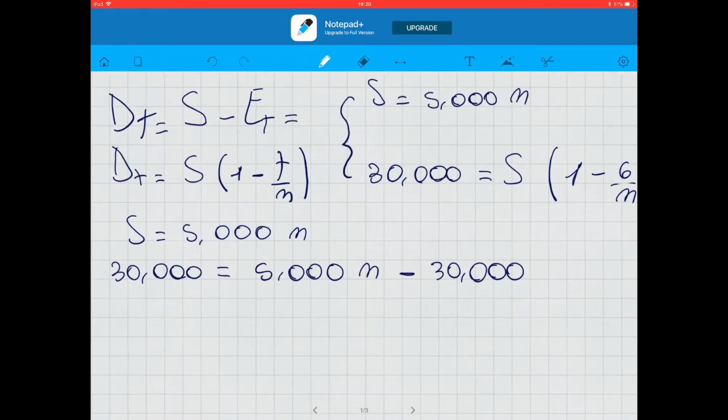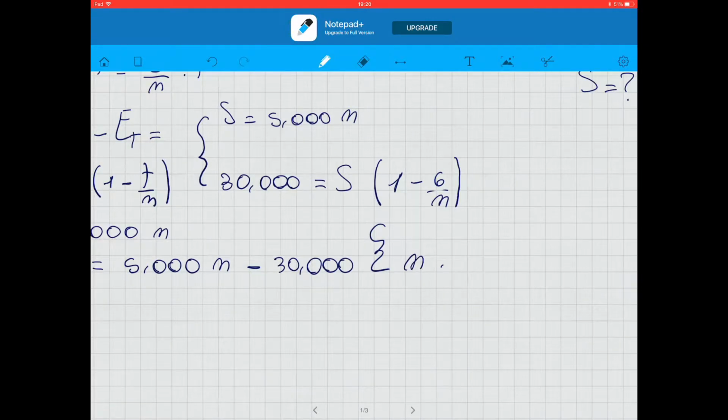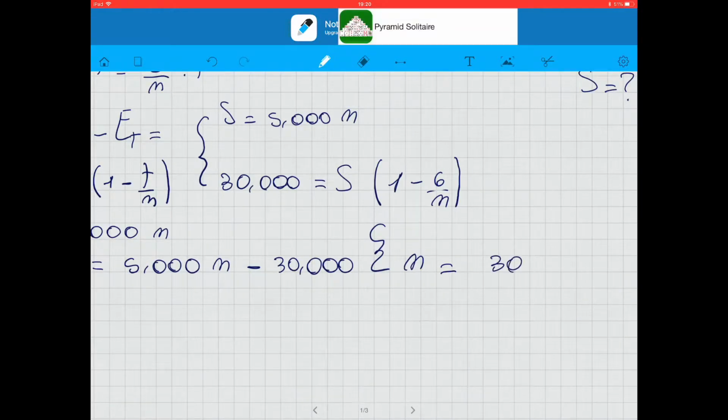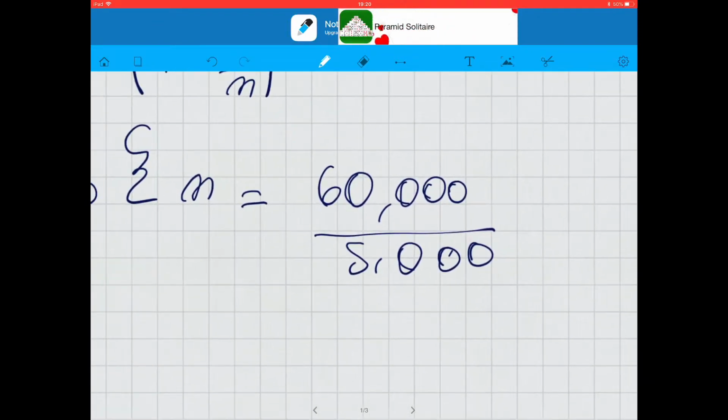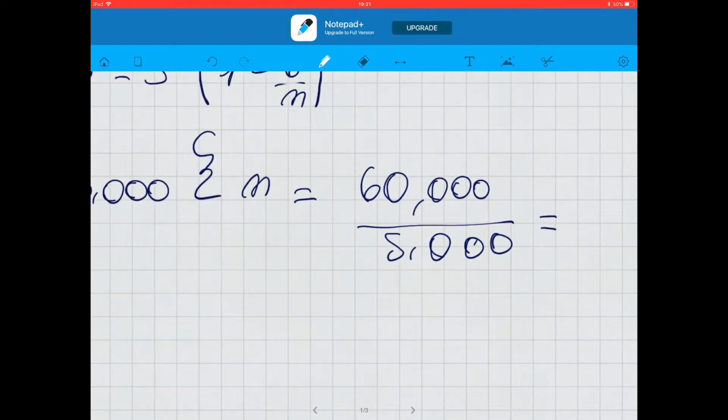So we just have that N is equal to 60,000 divided by 5,000, that is equal to 12.